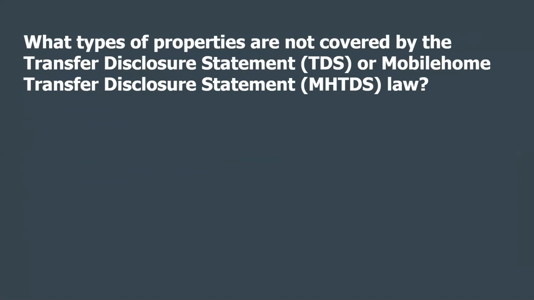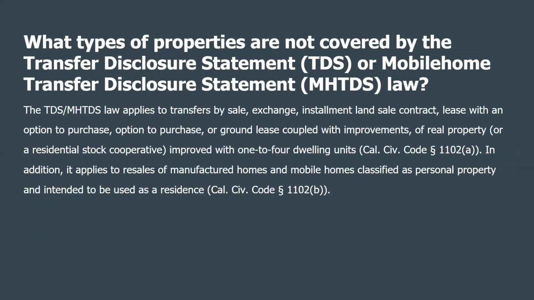What types of properties are not covered by the TDS or the Mobile Home TDS law? The TDS and MHTDS law applies to transfers by sale, exchange, installment land sale contract, lease with an option to purchase, or ground lease coupled with improvements of real property or a residential stock cooperative improved with 1 to 4 dwelling units.